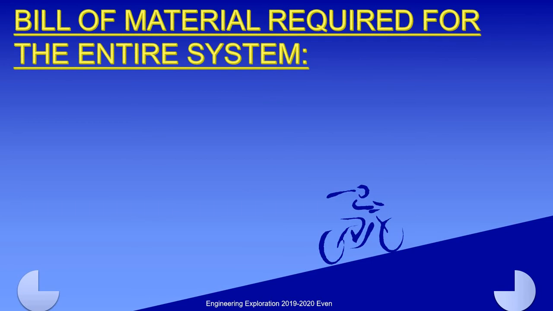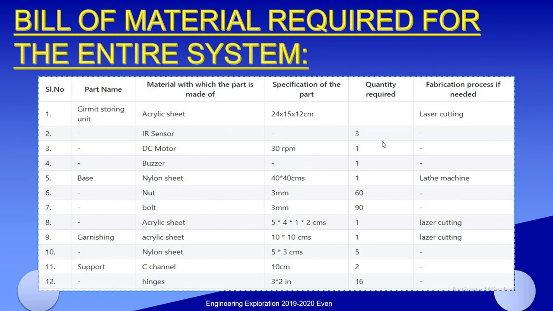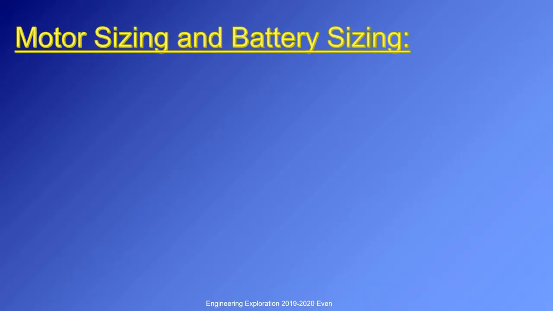To build our model we used these items. IR sensor for sensing purpose, DC motor for Girmit dispensing, and the rest like channels, nuts, bolts, etc. for building our container and other parts. As I told, for our disk we have used a DC motor.